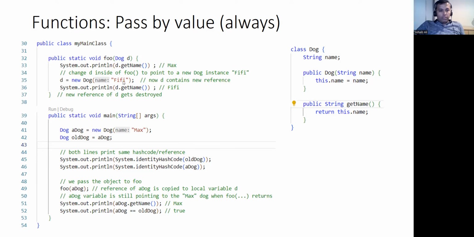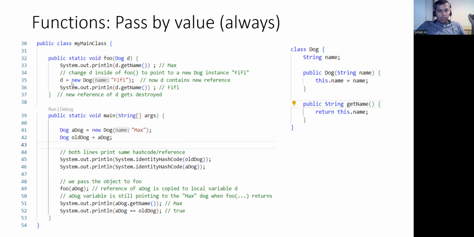So now we have three references to the same object: aDog, oldDog, and this d, which is pointing to the same dog. If you print, it will automatically call this getName method, which will print this Max, the name of the dog.